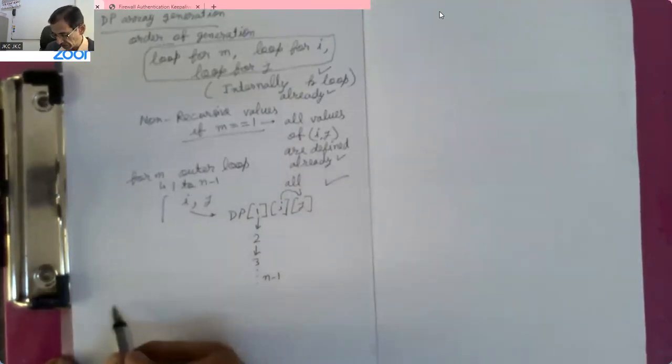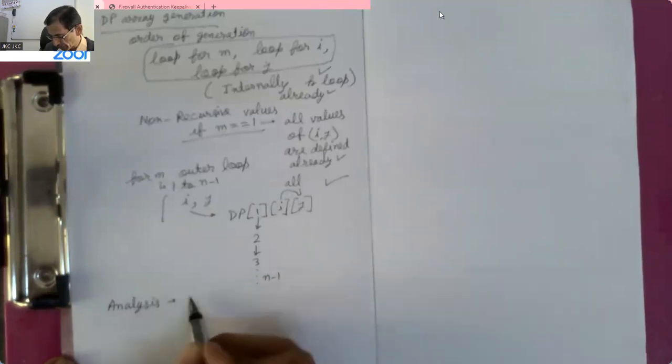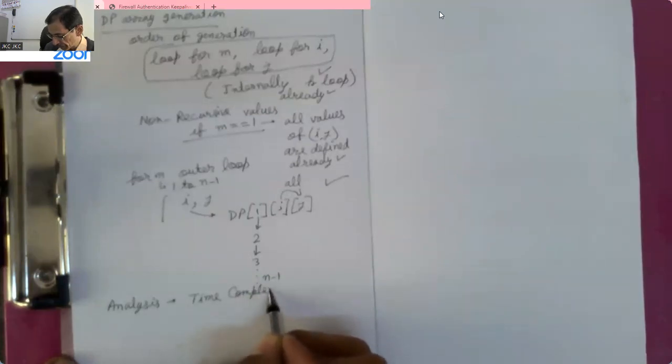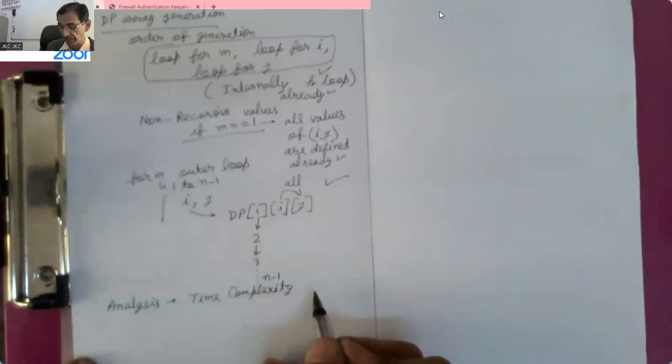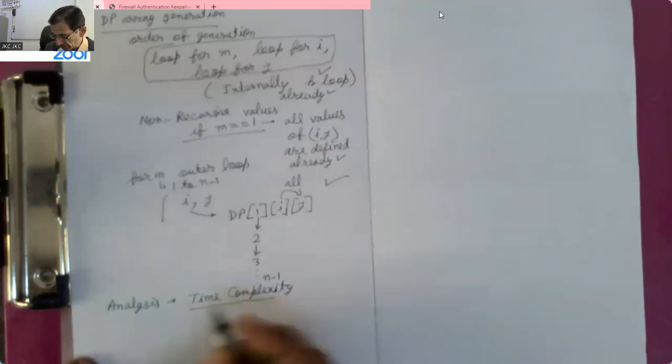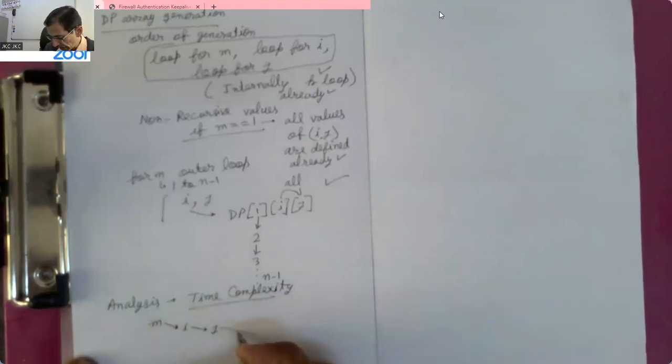So this much is sufficient to explain. And now you can easily do the analysis component also. The time complexity, you can easily see how much it is. If I'm using an adjacency matrix, the weight matrix is directly applicable. I can easily see the loop for m, within that the loop for i, within that the loop for j, and there I said for all k.